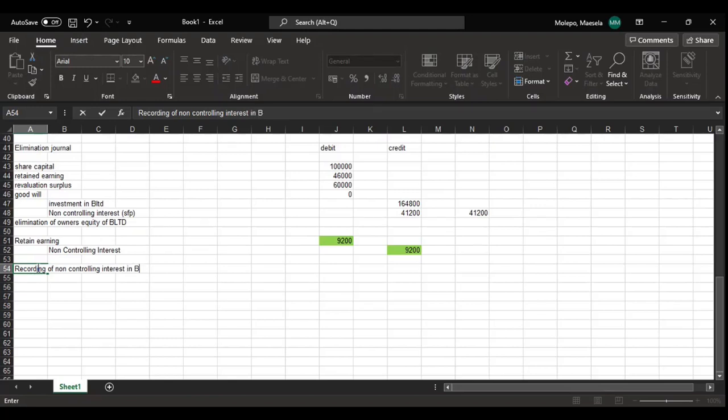In B Limited for the period 1 July to 30 June. Then, if you check on the pre-adjustment trial balance, there was this 80,000 loan, loan receivable, loan payable.